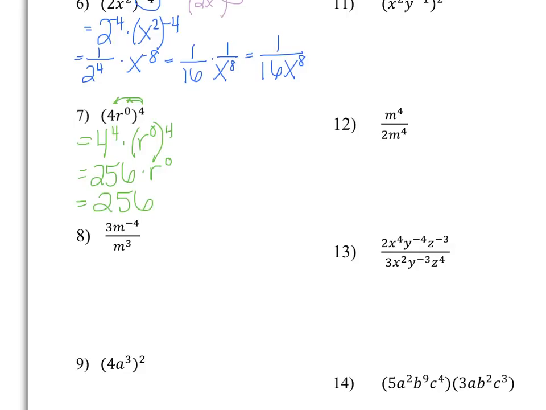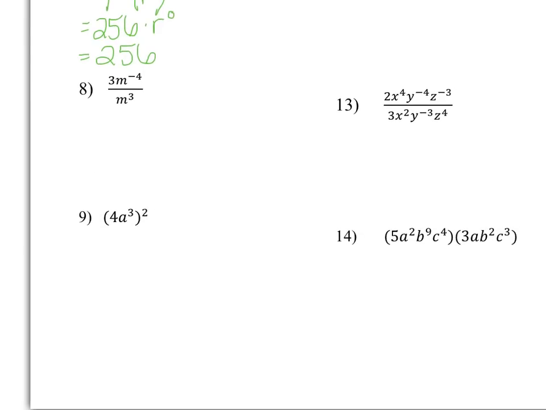With number 8, we now have division. But I'm still going to group my like terms just like I do with multiplication, but with division. Here, we can pretend that there's a number 1 there. So this would be like 3 divided by 1 times m to the negative 4th times m to the 3rd.